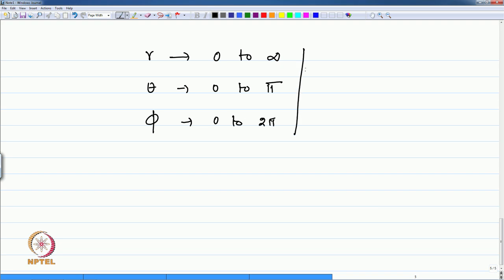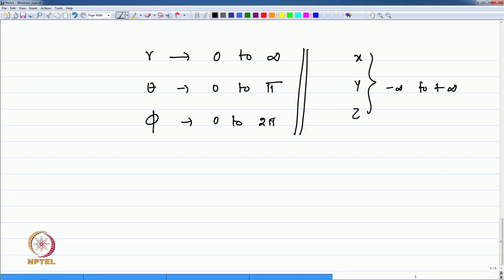These are in parallel to x, y, z, all going from minus infinity to plus infinity in the Cartesian axes, taking care of the whole universal space.